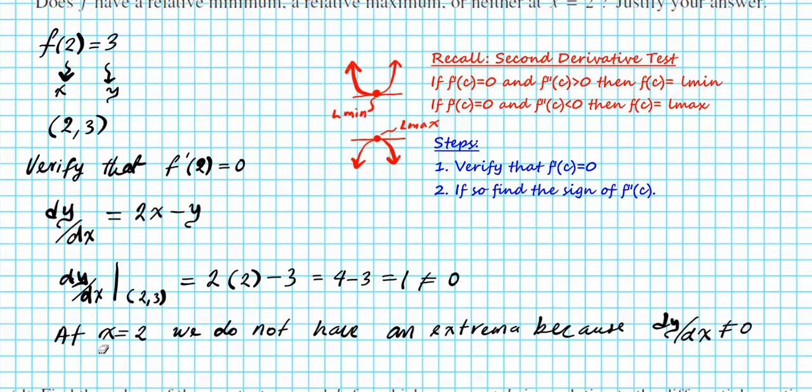Okay, so we have dy/dx is not equal to 0, hence it is not a critical point. It is not a max or min. All right. So that's the justification there.